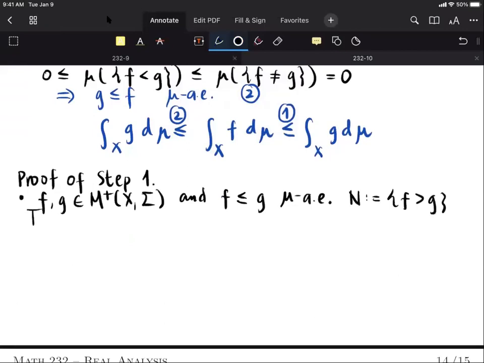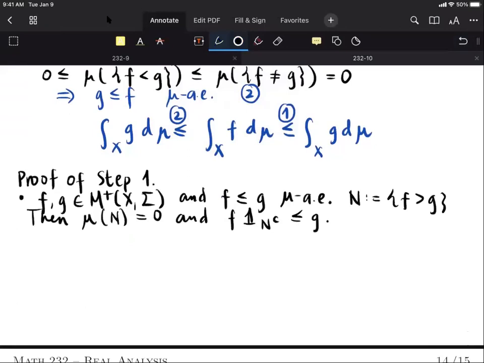Then, by the assumption of f being less than or equal to g mu almost everywhere, the measure of N is 0. And in fact, one can show that f times the indicator function of the complement of N is less than or equal to g.